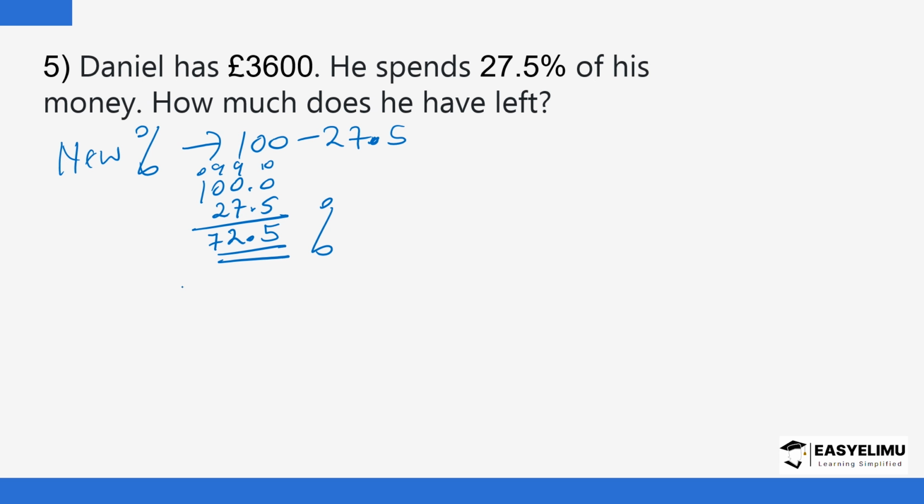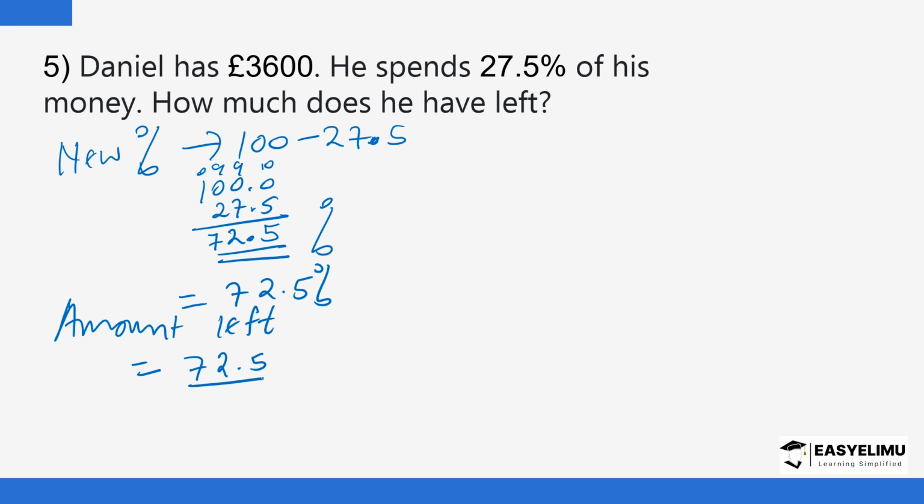So we have our new percentage here, 72.5%. Then what is left? So we have amount left after the expenditure should be the new percentage, which is 72.5.